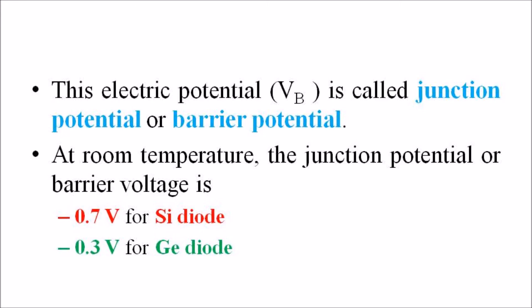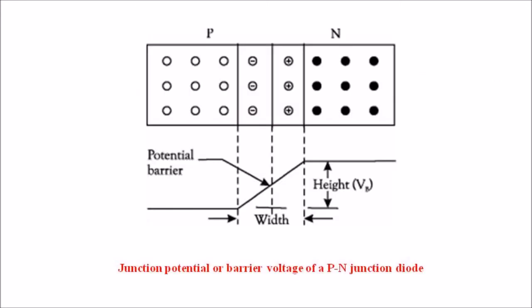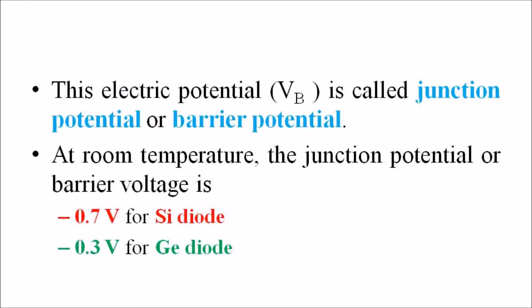This is called VB, even when the junction is not connected to an external voltage source, as shown here. This electric potential, VB, is called the junction potential or potential barrier. At room temperature, the junction potential is 0.7 volt for a silicon diode and 0.3 volt for a germanium diode. So my dear students, these are the important factors to consider in a p-n junction.